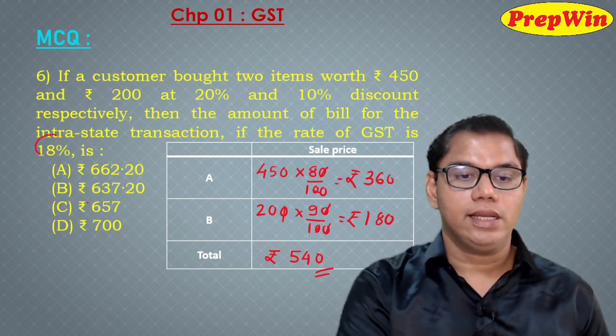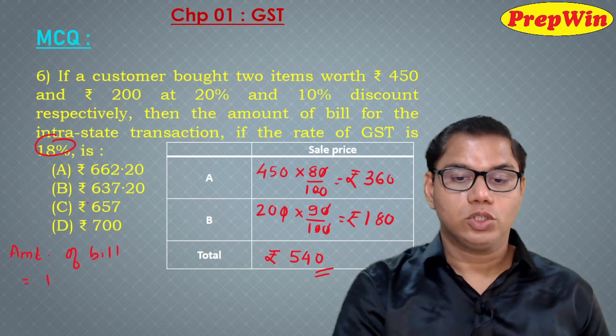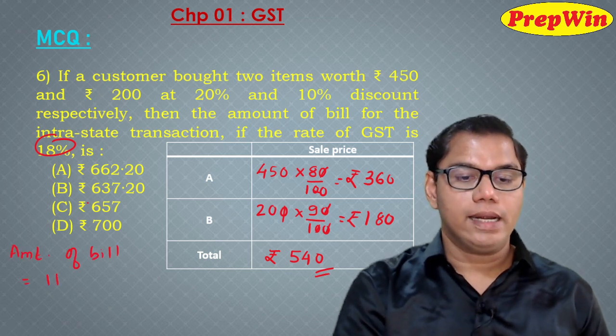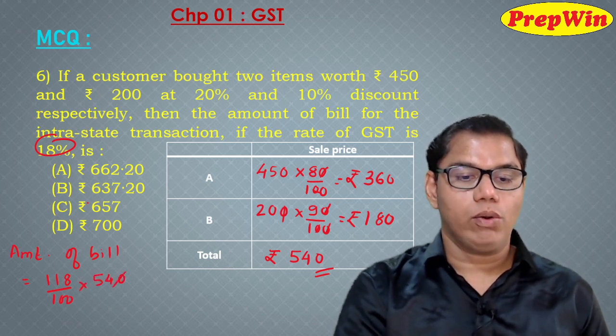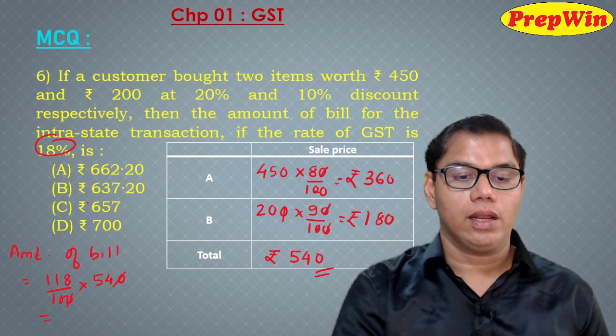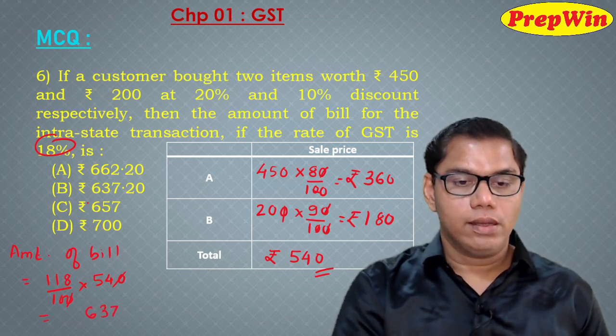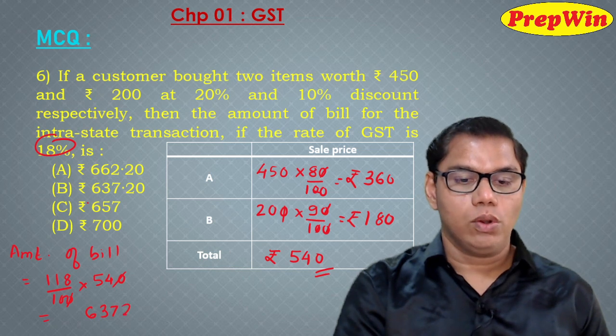So GST is 18%. So the amount of bill will be 118% on rupees 540. So 0 and 0 cancelled over here. On multiplying 118 by 54, you get 6372 upon 10. So this 0 cut and the point is placed here.